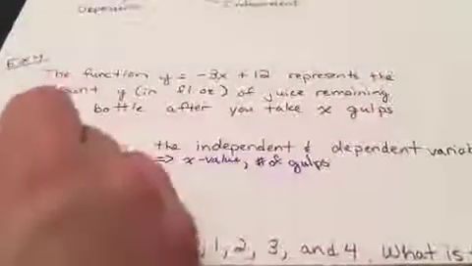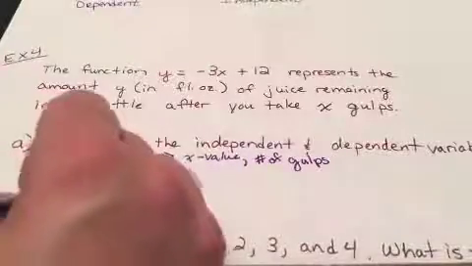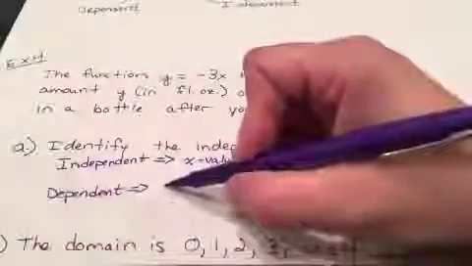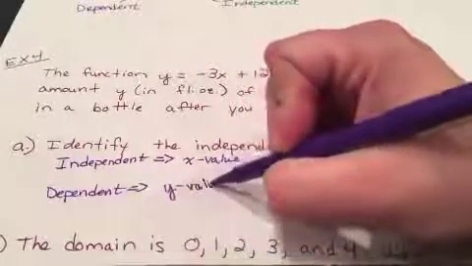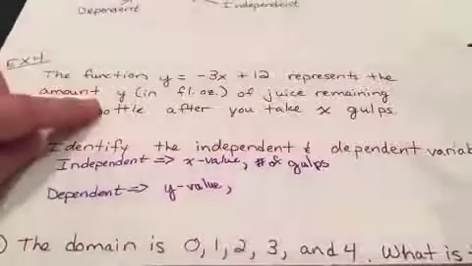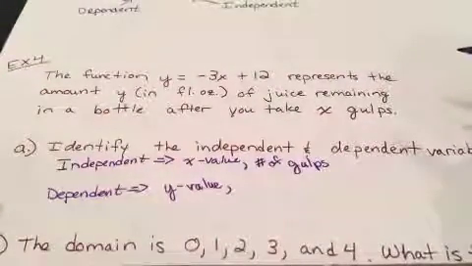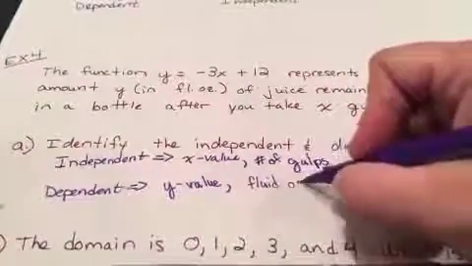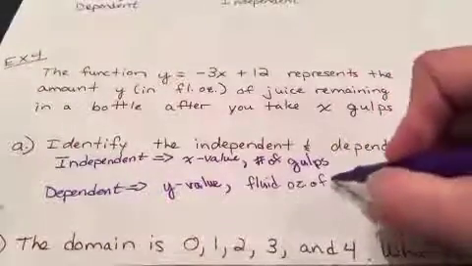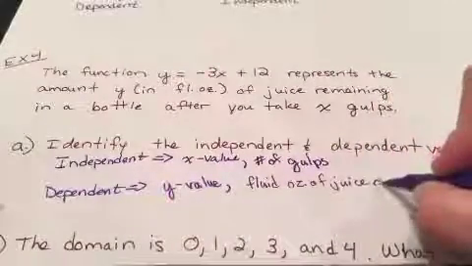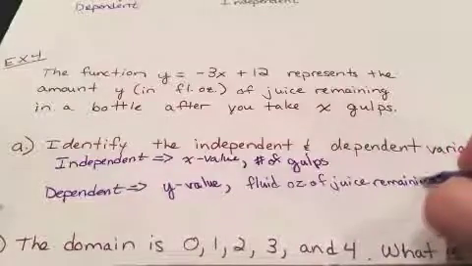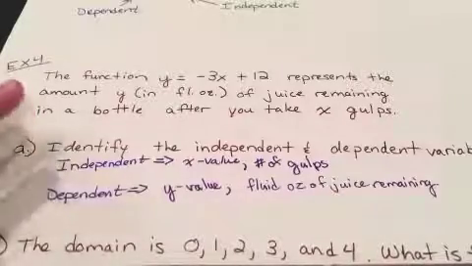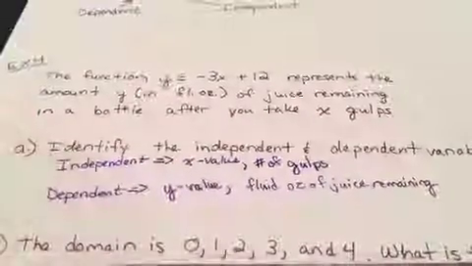The dependent variable is the y variable, which represents the fluid ounces of juice. So that represents the independent and the dependent. Dependent depends on what you input.